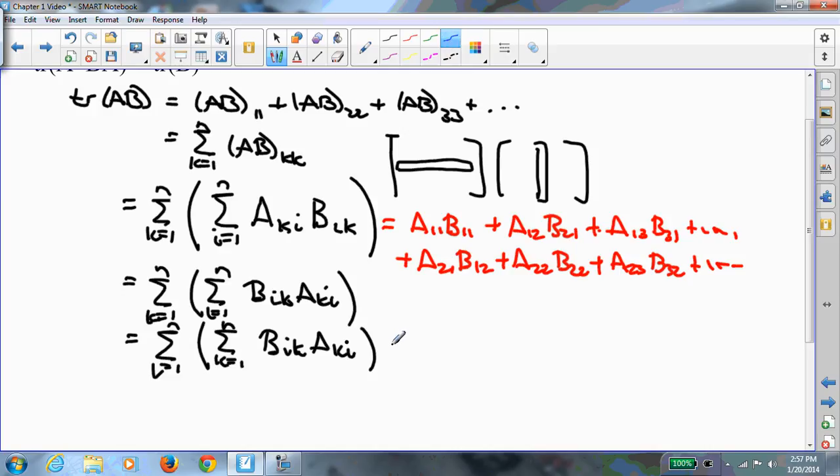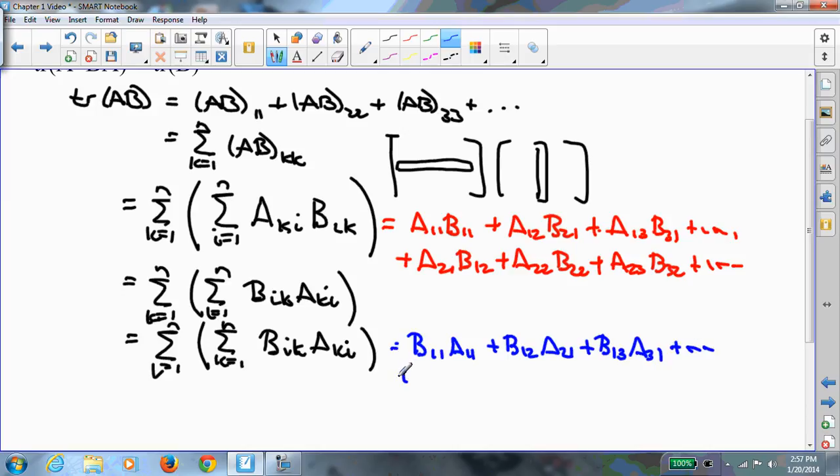So if I rewrite these elements, I'm going to hold i constant. So i equals 1, and we'll go through all the values of k. That'll be B11, A11, and then B12, A21, B13, A31, and so on.